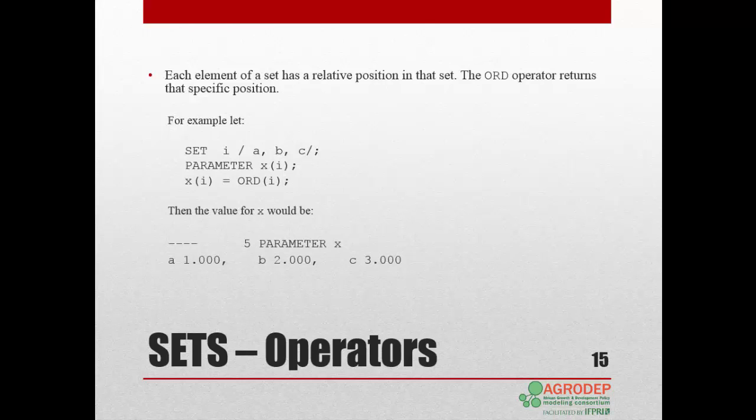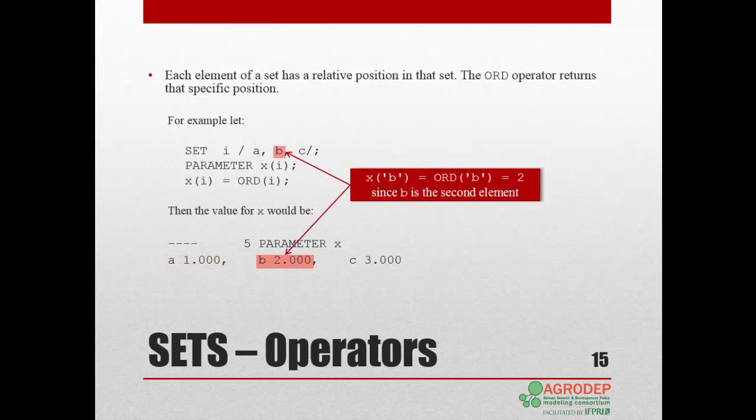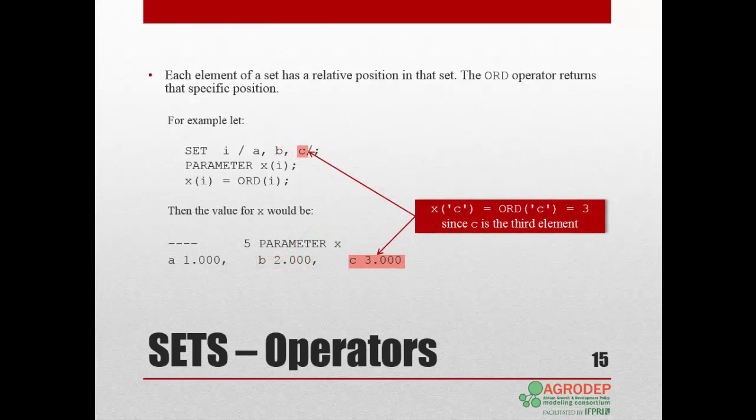If we display the parameter x, we would have the following result. The elements of x have the corresponding values. 1, because A is the first element of set I. 2, because B is the second element of set I. And so on.